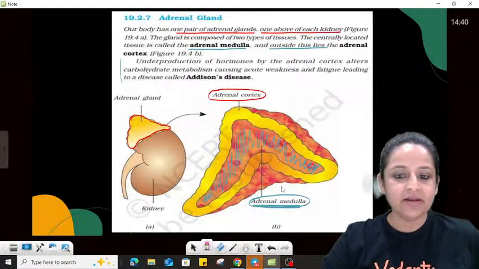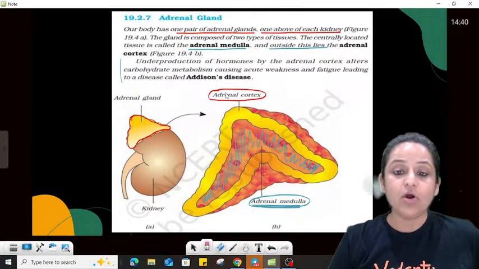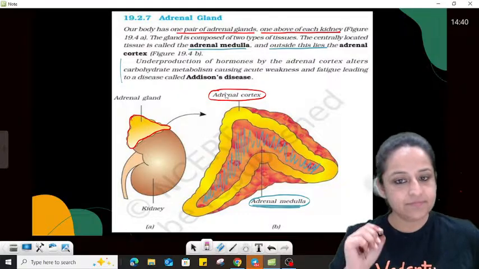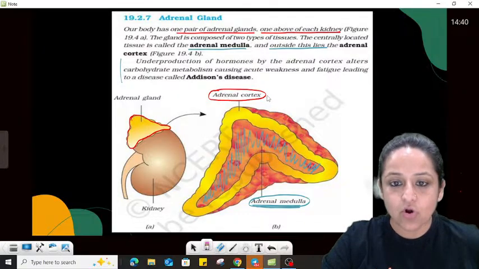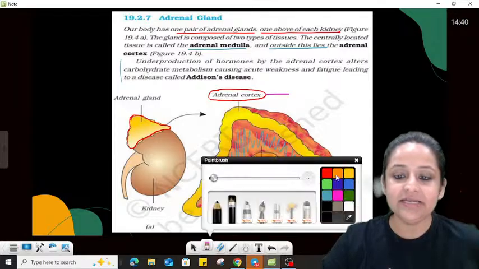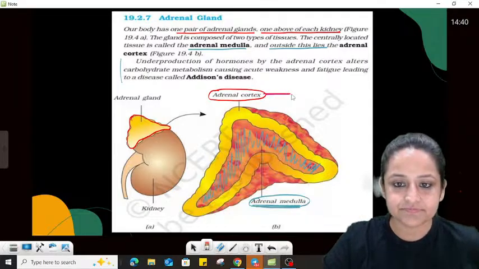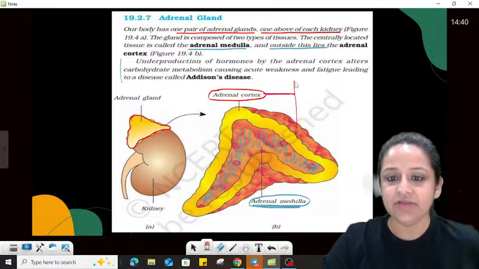So this is the adrenal medulla. Now, if we talk about the adrenal cortex, the adrenal cortex itself has 3 layers.